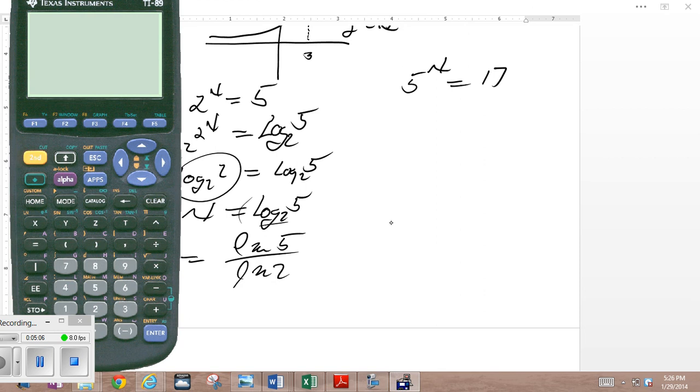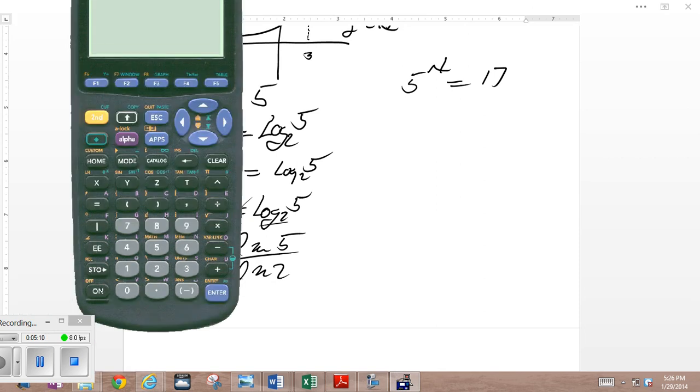And again, we can pull that up on our calculator and say it's the natural log, right on the keypad there, natural log of 5 divided by the natural log of 2, and that should give us the value of 2.31.